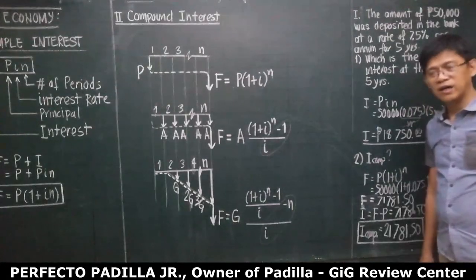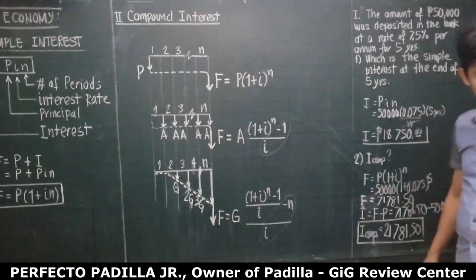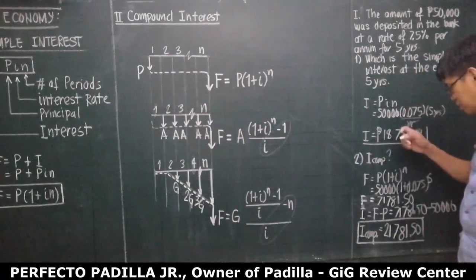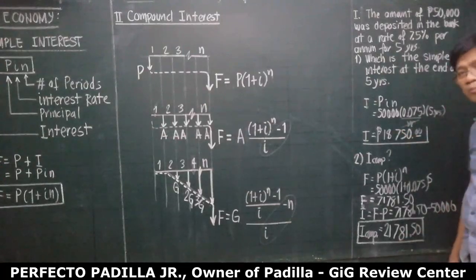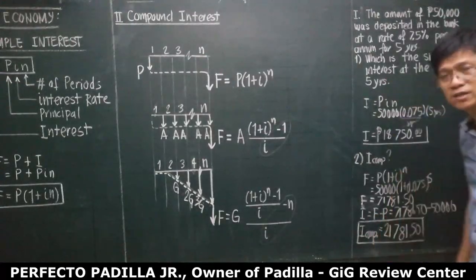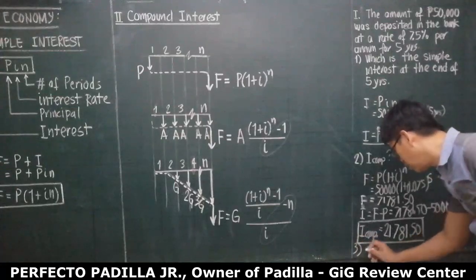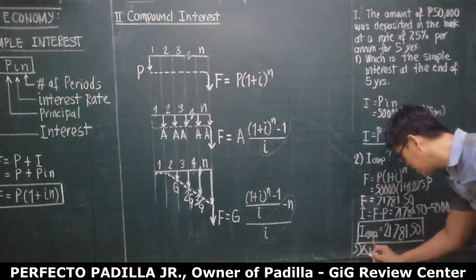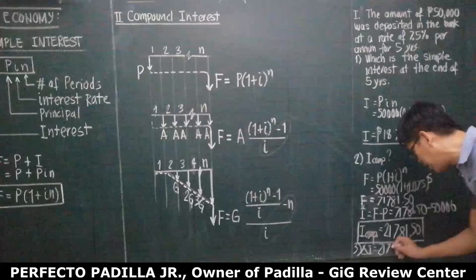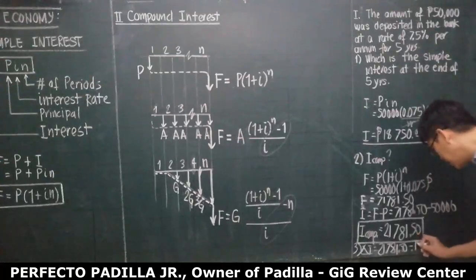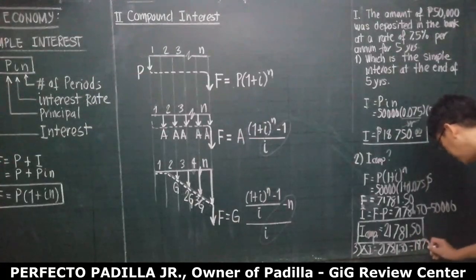Kuha niya? Ngayon, ang tinatanong sa atin dito sa number 3, which is the difference between simple and compound interest? So, hinahanap yung difference nito. So, we just subtract. Therefore, our difference, number 3, I compound minus I simple, the difference in interest is 21,781.50 minus 18,750.